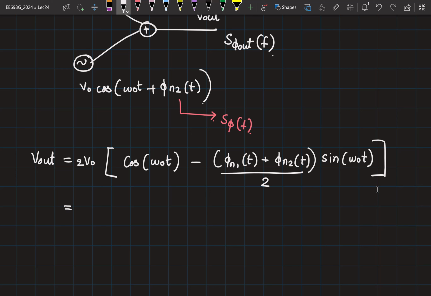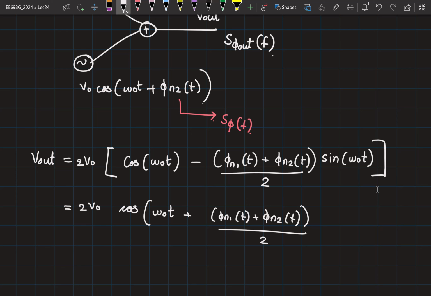So this will be equal to 2 times V naught into cos of omega naught t plus phi n1 of t plus phi n2 of t by 2. That's it. If you expand this using the narrowband FM approximation, you will get this.